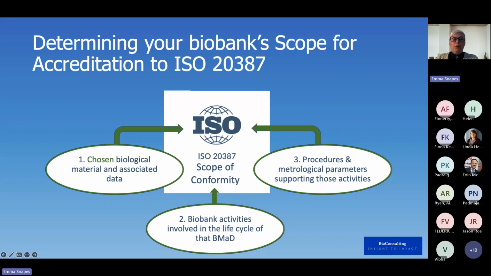So the claim for conformity reflects only what will be assessed under ISO 20387. With the current 2018 version of the standard, the activities to include are at minimum acquisition and storage.